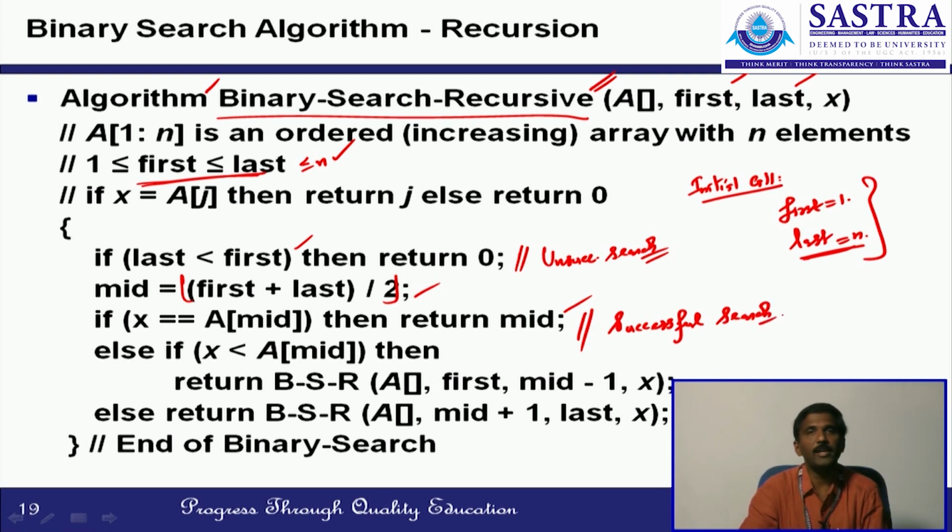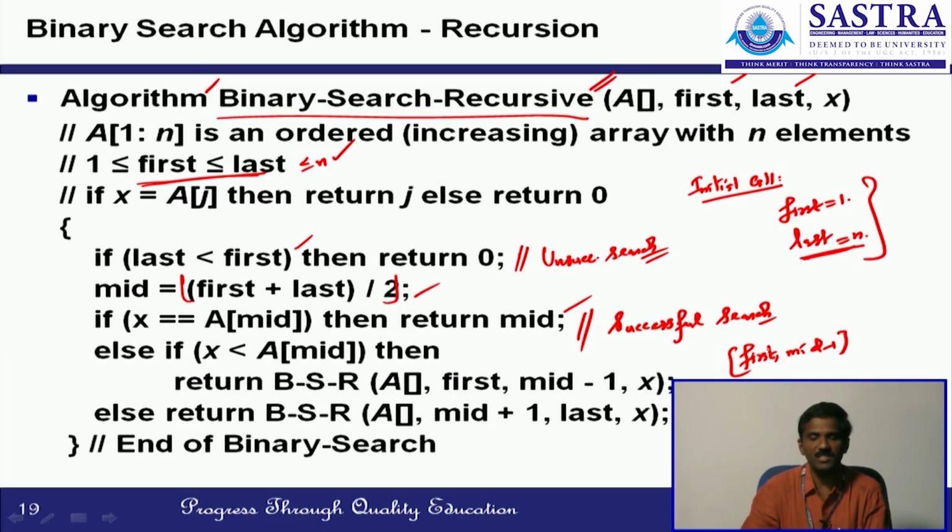If x is equal to a of mid, the searching element is available at the mid location in the array. So, this results in a successful search. Else if x is less than a of mid, then the search range is reduced to first to mid minus 1. This is the search range.